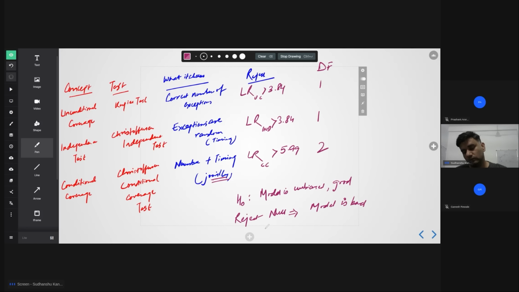If you fail to reject the null, the model is good. HA is that the model is biased. Rejecting the null means accepting the alternate: the model is bad, biased.